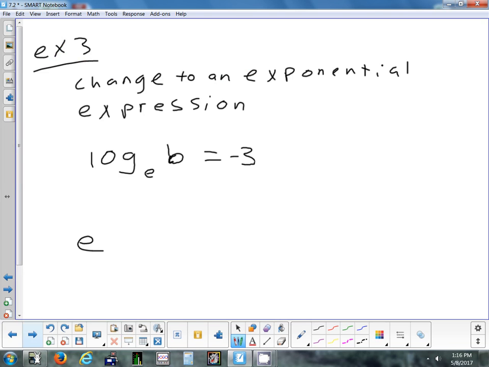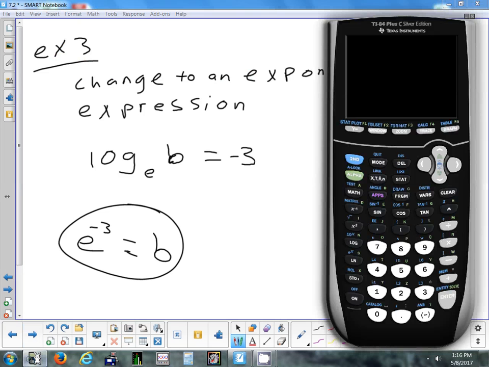Okay, Eli, what would my exponent be? -3. Good, -3. The logarithm always equals the exponent. And Tom, the only thing I haven't used yet? B. And that's it.